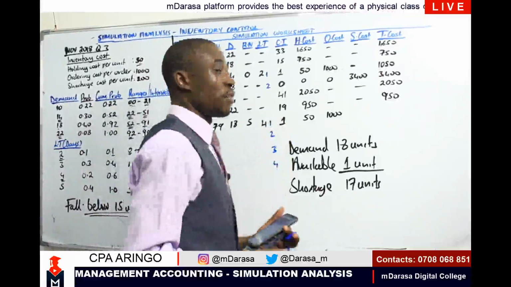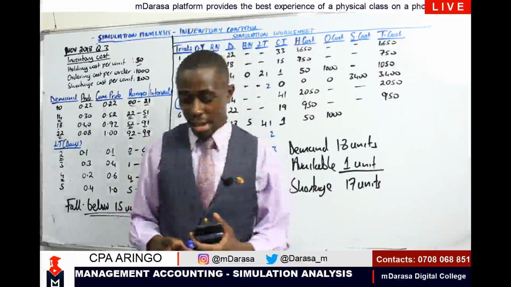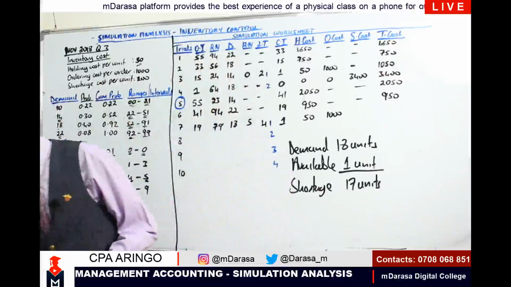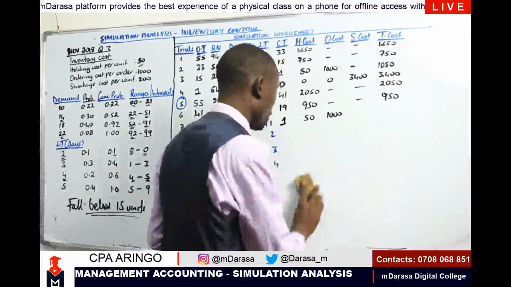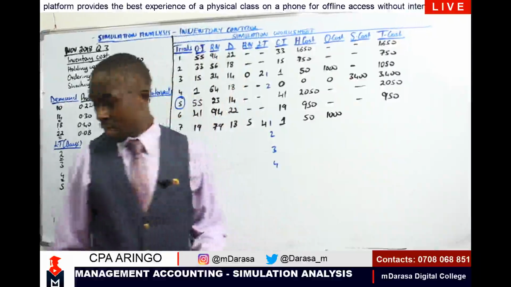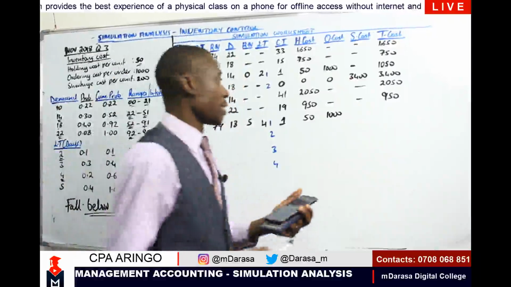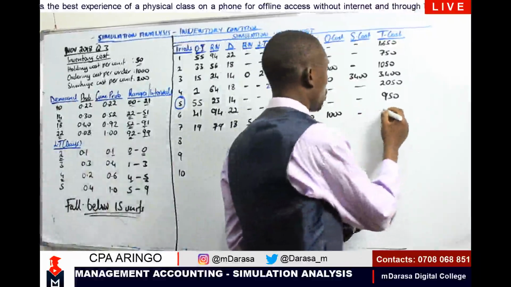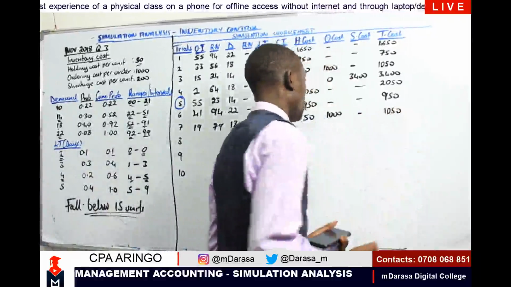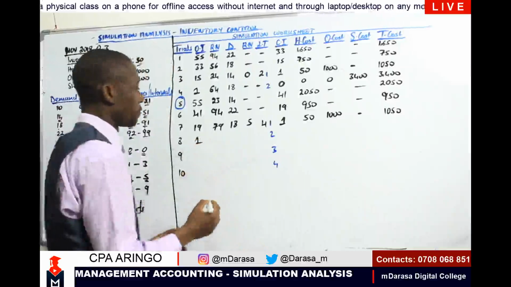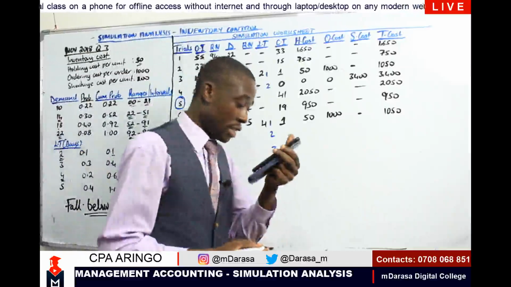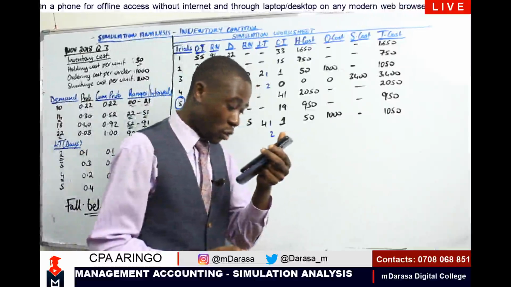So I will receive these goods on the 11th day. So clearing this, my total cost, we should be talking of 1050 there. Opening inventory is 1. The next random number to consider after 5, I'm having 52.